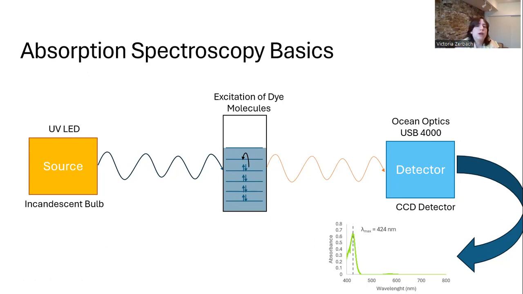In this experiment, we ran blanks before every run with methanol, and then slowly added drops of dye before taking the final spectrum here when it reached a high enough absorbance.